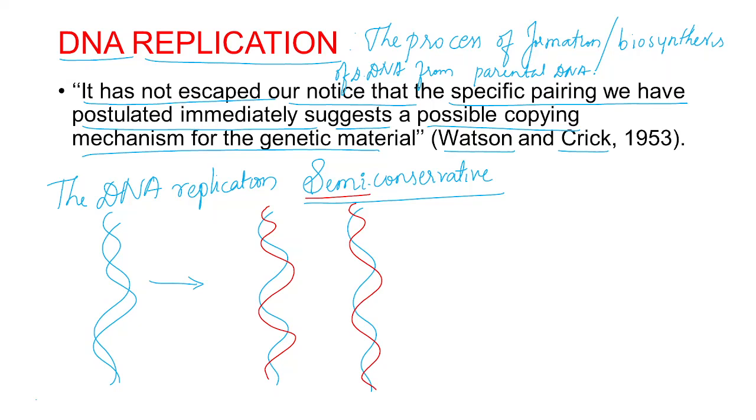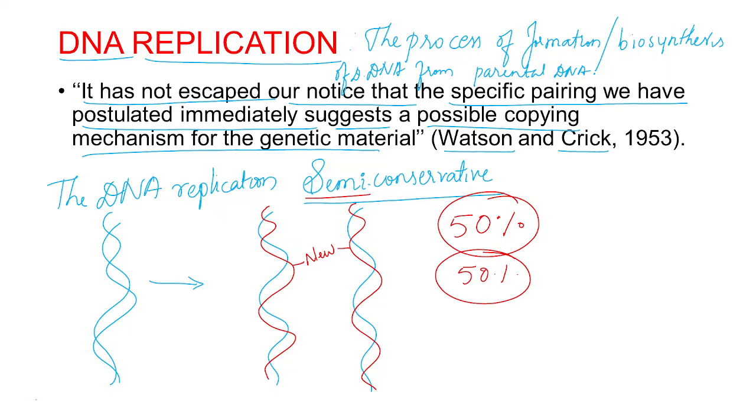Why is it said to be semi-conservative? Just observe here, one strand is newly synthesized, and here also only one strand is newly synthesized, but what about the other strands? The other strands are taken from the parent. That means 50% of the strands are newly synthesized and the other 50% are the parental DNA. Is that clear?